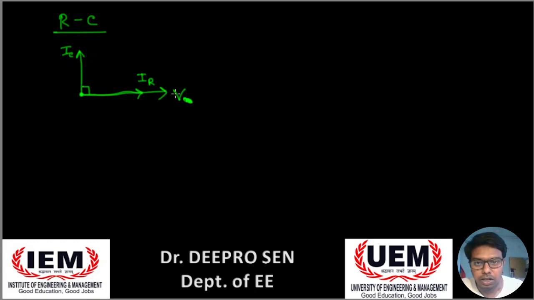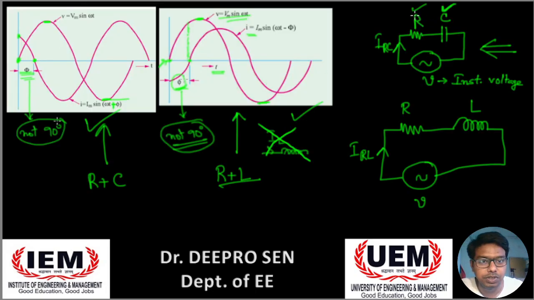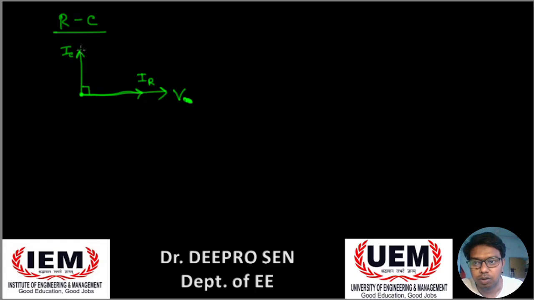Now in this case, we have R and C together in the circuit, right? Which means that whatever current actually flows will be the vector summation of these two currents.